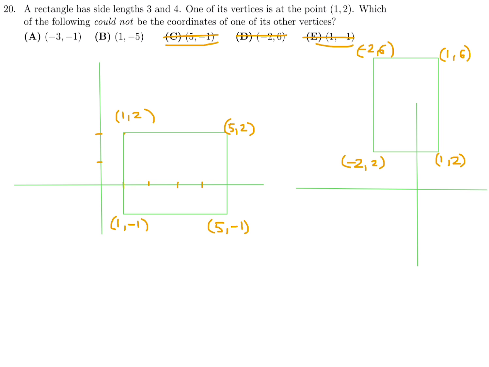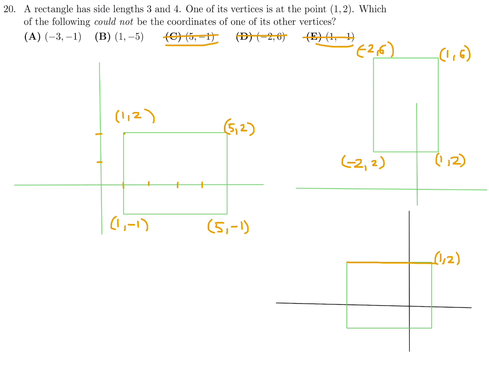Okay, no problem. Let's see what I can do. Here's another way. So this is, of course, as always, 1, 2. And if I want to make this side equal to 4, this is going to be negative 3, 2. And then this down here, if this side is equal to 3, this will be 1, negative 1.